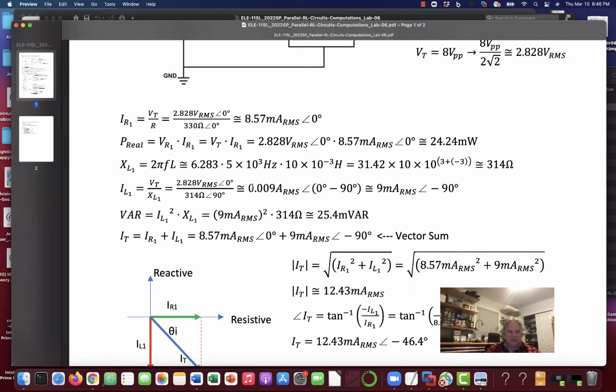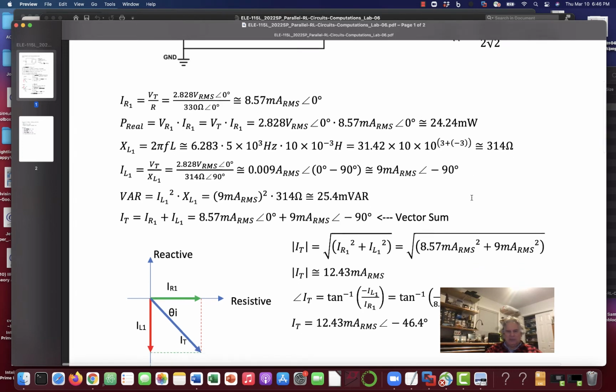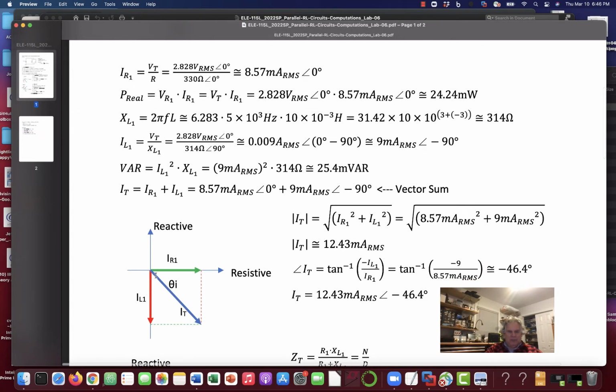And this winds up giving us about 0.009 amps RMS at 0 minus 90, or 9 milliamps RMS at minus 90 degrees. And that's going to wind up going right there where the red arrow is.